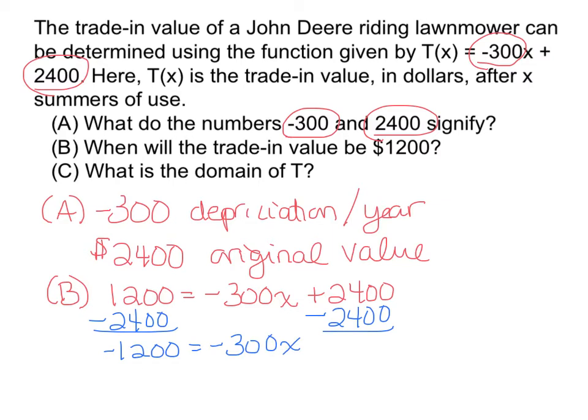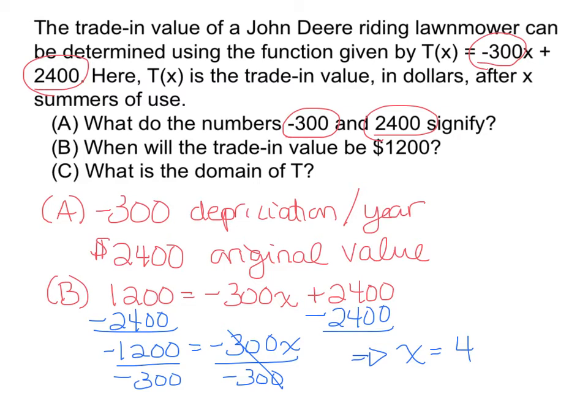And divide both sides by negative 300. We find that x equals 4. After 4 summers of use, the trade-in value will be 1200.